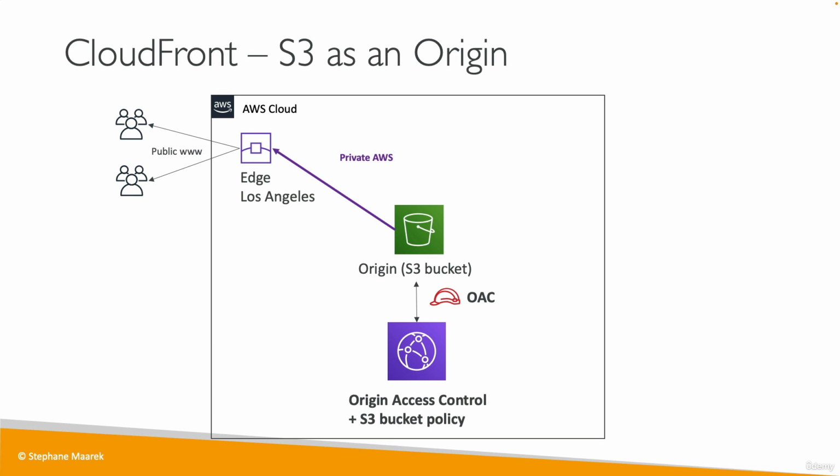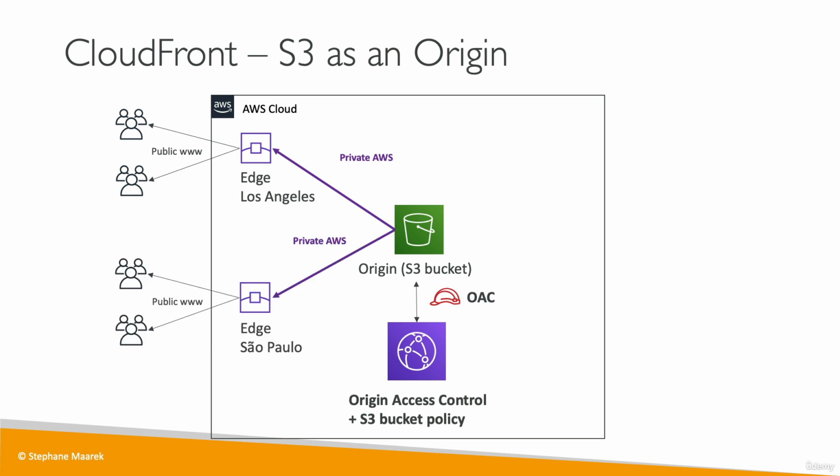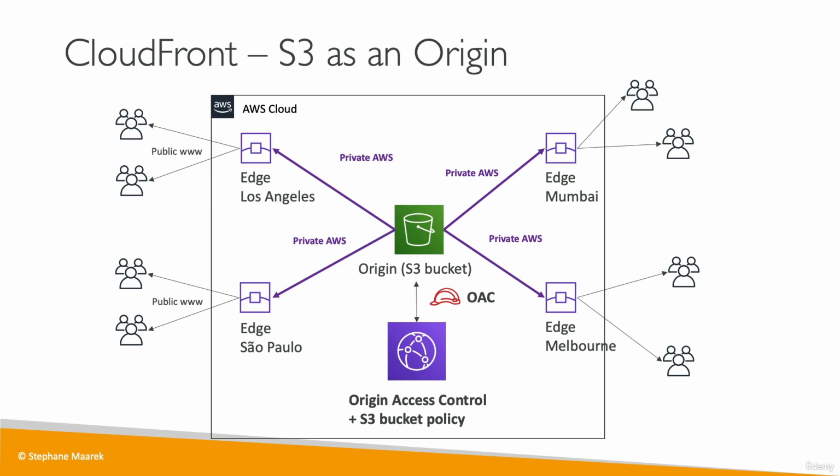This is the same when we have a user in Sao Paulo, for example, in Brazil. Again, there will be another edge location, which will be serving users close to Brazil, and then it will be a private connection between your edge location and your S3 bucket, and so on. So using CloudFront and the edge locations, we can see that the content of our S3 bucket in one region can be distributed all around the world through the edge locations or points of presence.